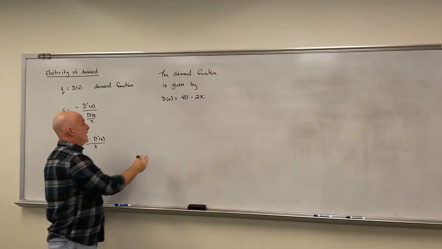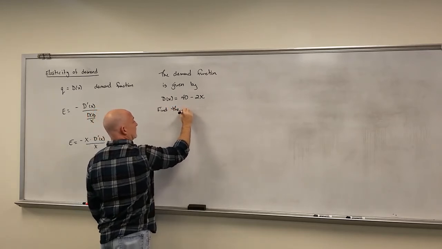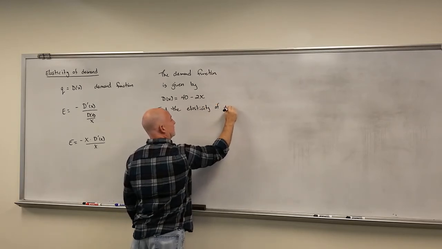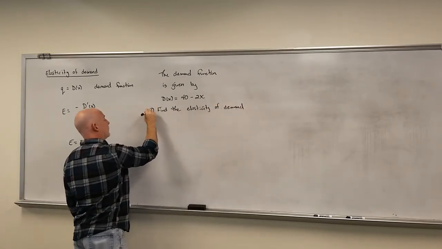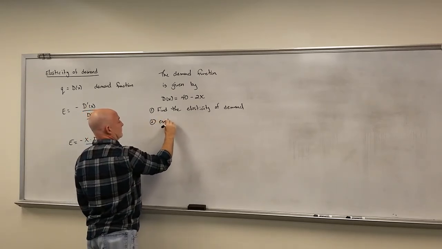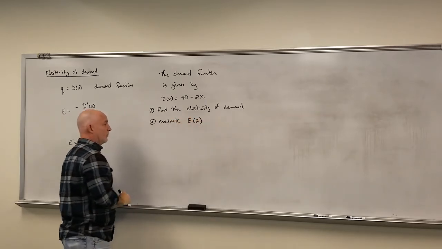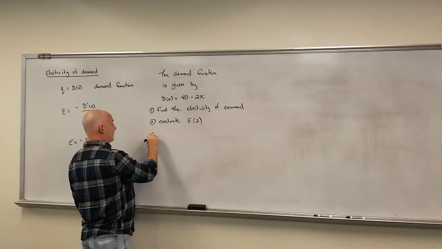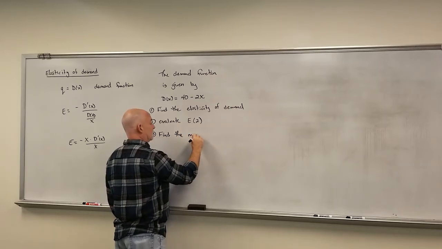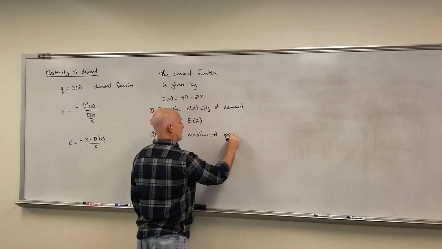First, find the elasticity of demand. That's the first thing we're going to look for. Second, evaluate E of, I don't know, 2. Let's see what that is. Hopefully that's not exactly right. And then step 3, find the maximized price.